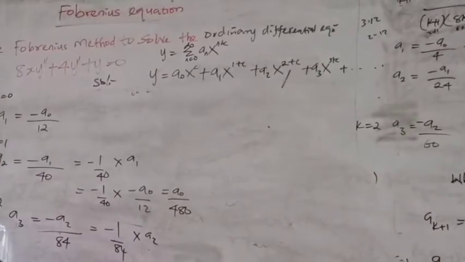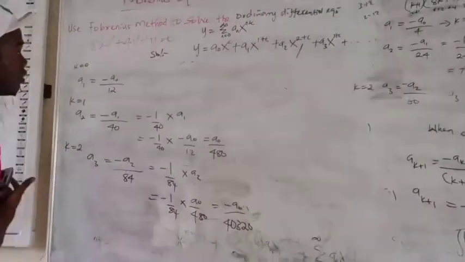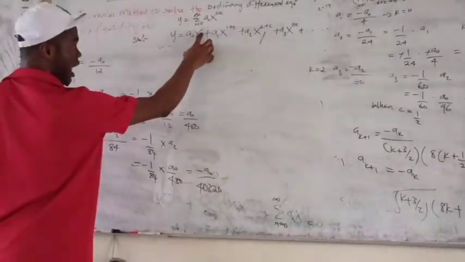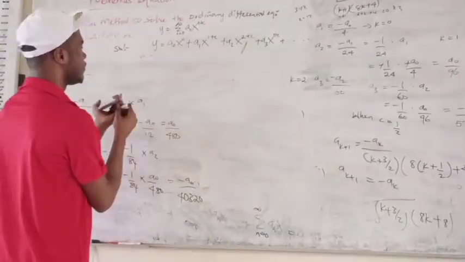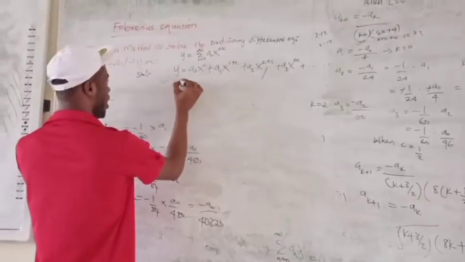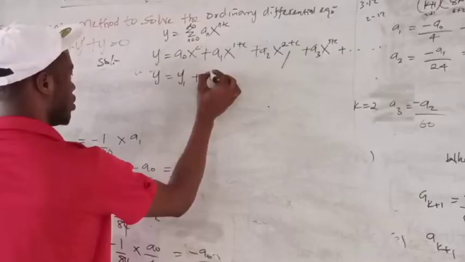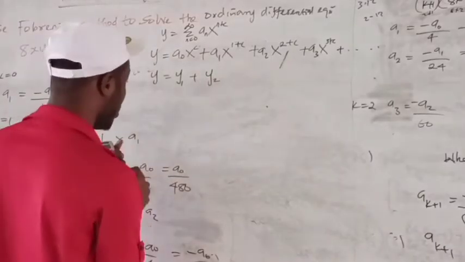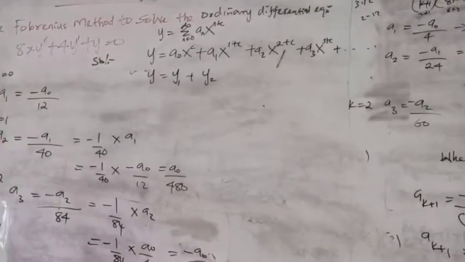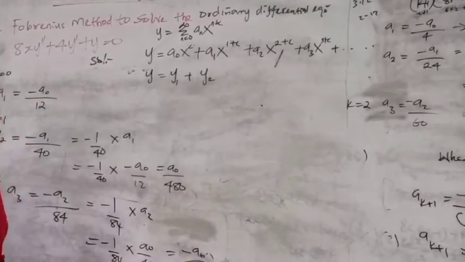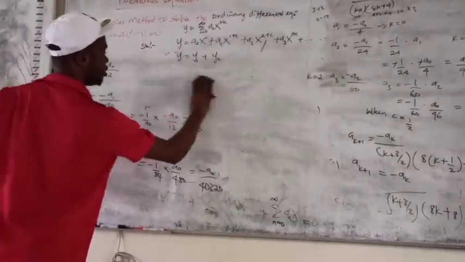But since we have two solutions for the first c and the second c, the general solution of Frobenius becomes y equals y1 plus y2. Let's call the first one y1 plus the second one y2. Let's fix it somewhere here.